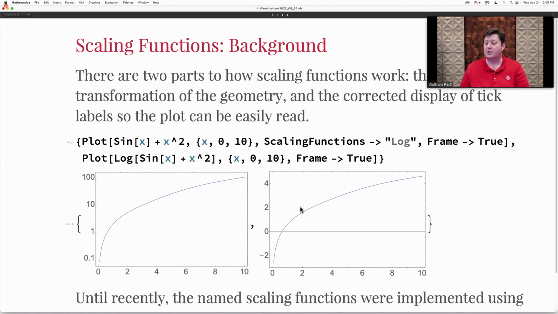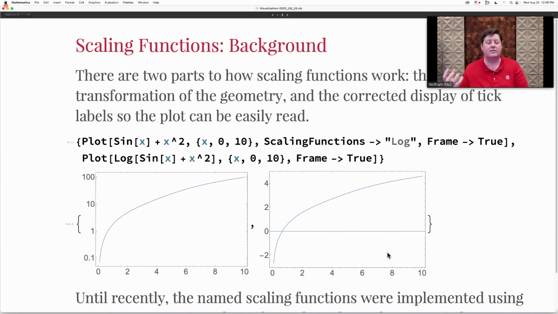And the curves look exactly the same in terms of where the blue line is relative to the box around it. And that's the first part of what ScalingFunctions does, is the actual transformation of the geometry of the primitives, of the curves and lines and points and whatever.